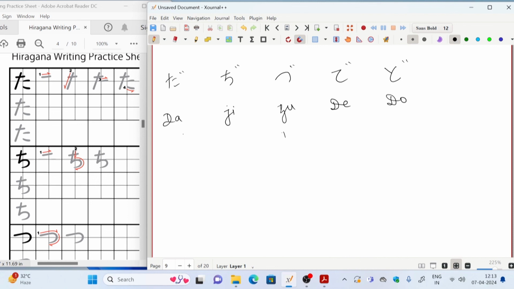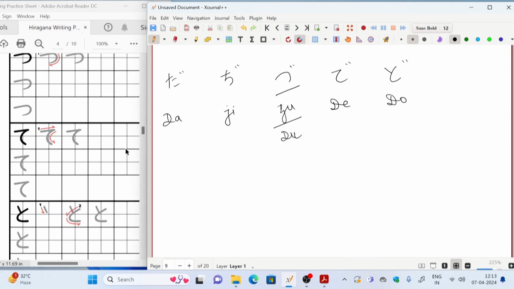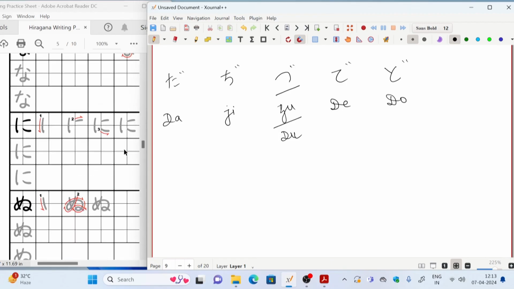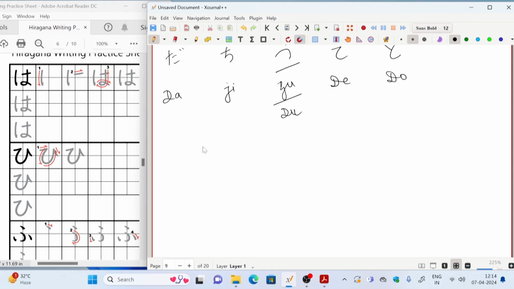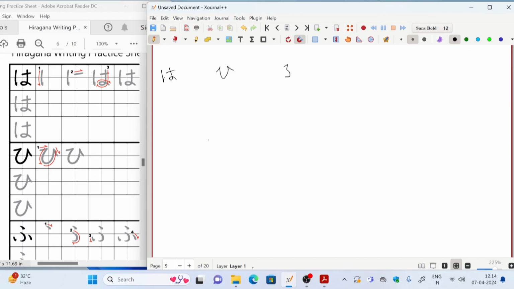While typing we write du, and it gets converted into zu. Next is, we'll use ha. We write ha, hi, fu, he, ho.